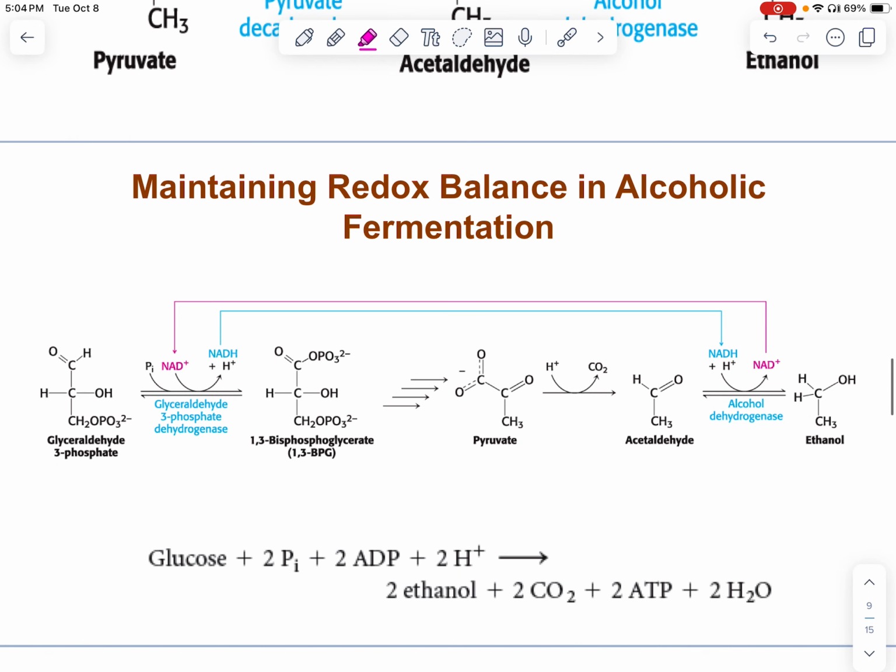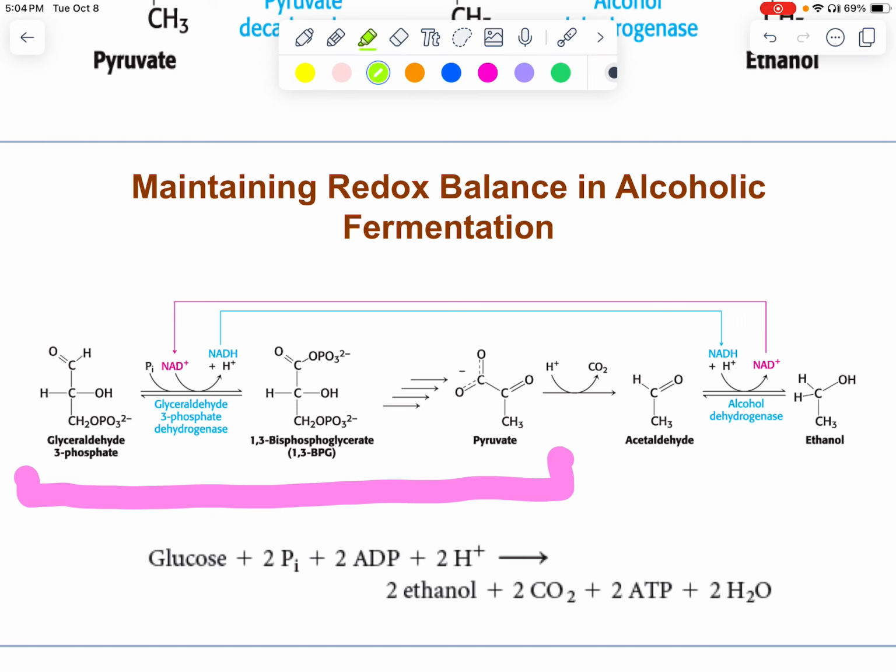So let's take a look at that. Here were our glycolysis steps. Over here, we had a chunk of our glycolysis reactions. And now we're saying, all right, in an anaerobic situation, our pyruvate could be reacted to form ethanol. And look what happens.